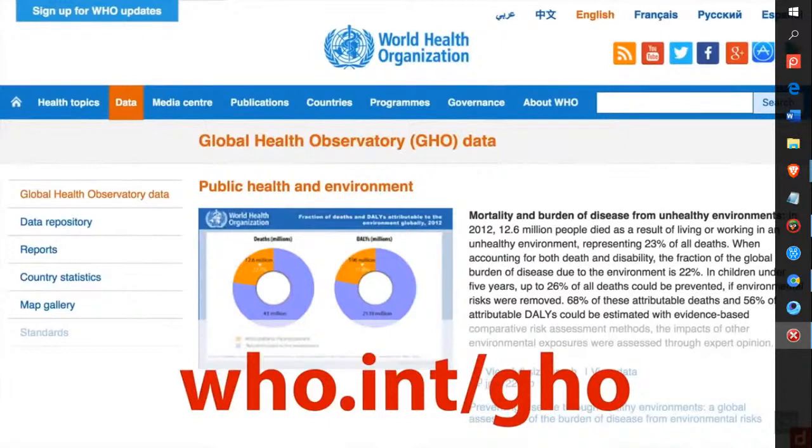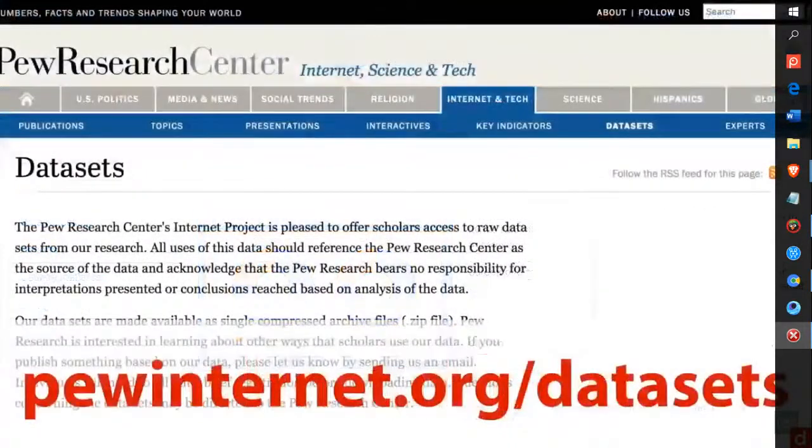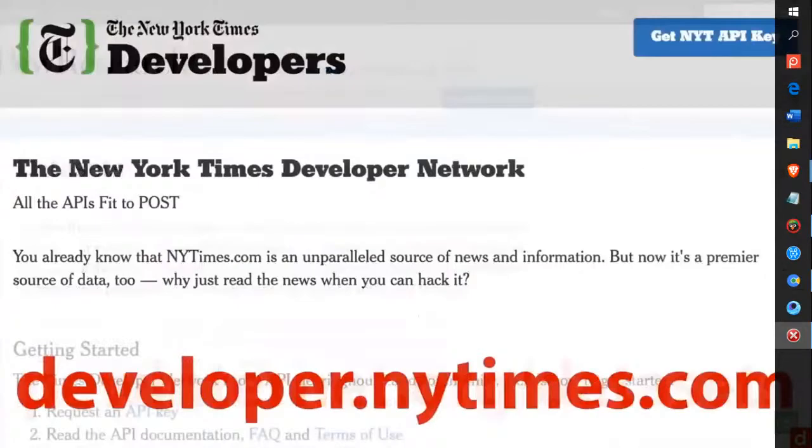And then there are private organizations that work in the public interest, such as the Pew Research Center, which shares a lot of its data sets, and the New York Times, which makes it possible to use APIs to access a huge amount of the data of things they've published over a huge time span.